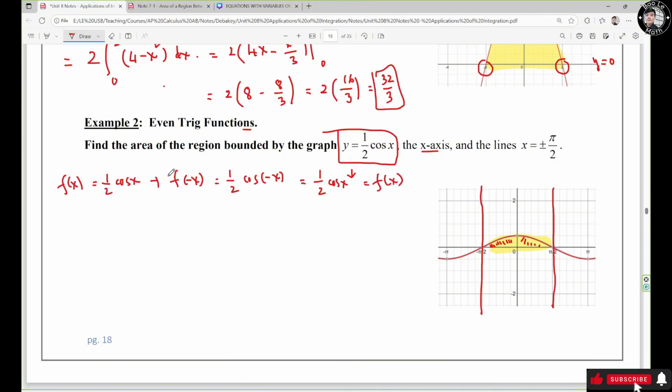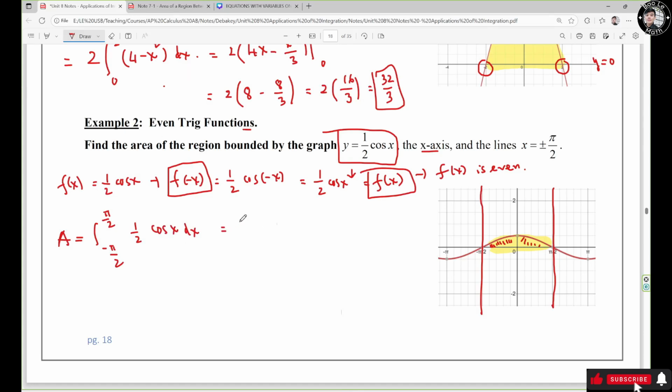So you just proved that f of negative s equals f of s. It tells us that f of s is even. So the area should be the integral from negative pi over 2 to pi over 2 of 1/2 cosine of s ds.